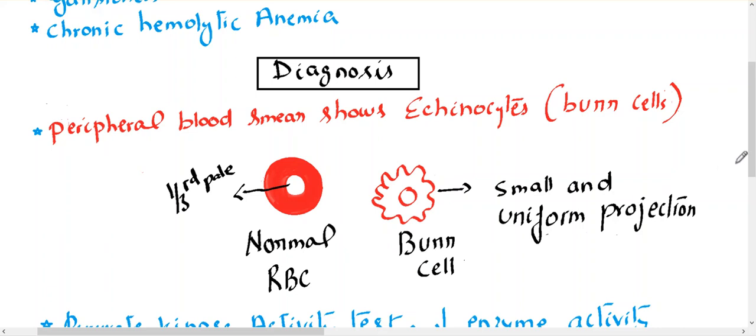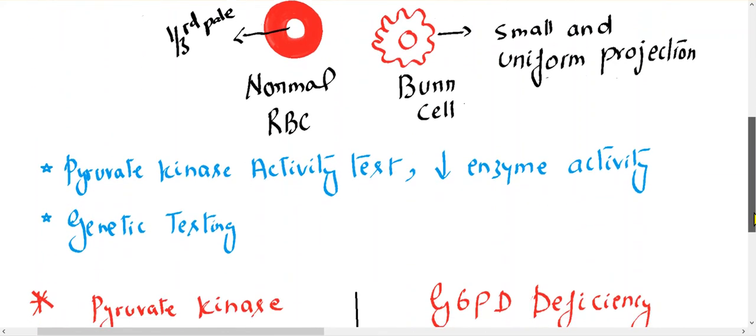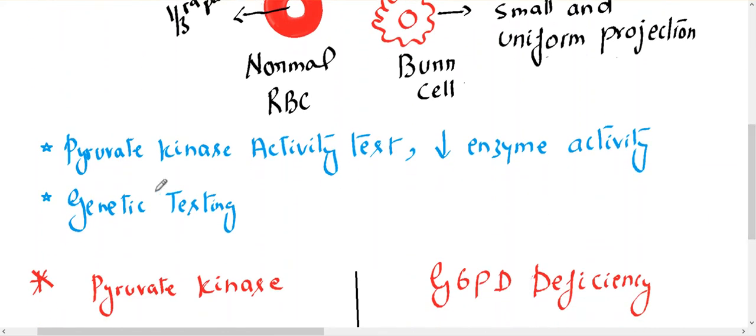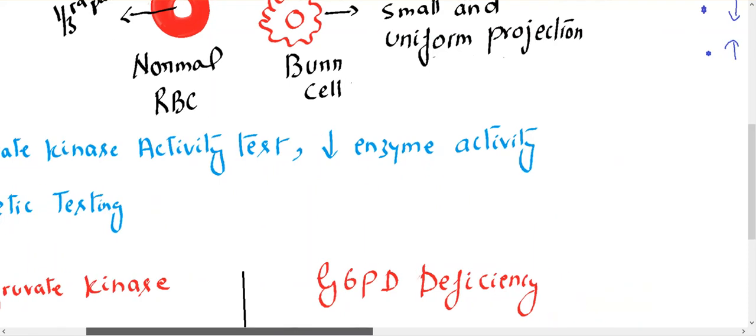Okay, and how do you do a test for pyruvate kinase? You do a pyruvate kinase activity test, and because the enzyme is deficient, there will be a decrease in the enzyme activity. And you can also do some genetic testing for pyruvate kinase deficiency.